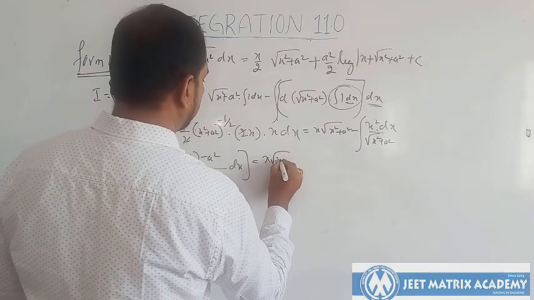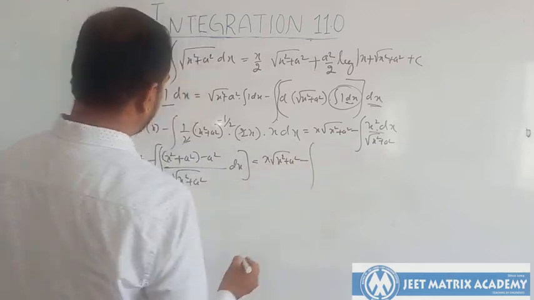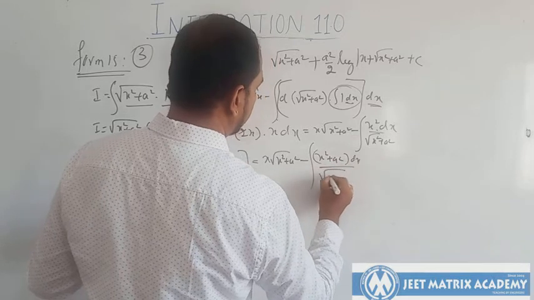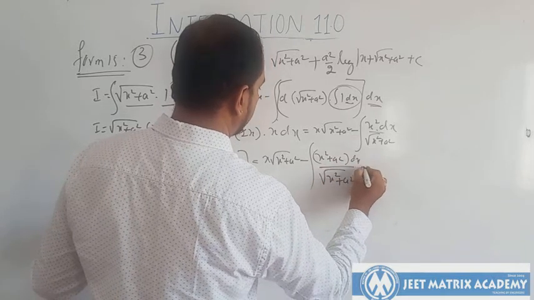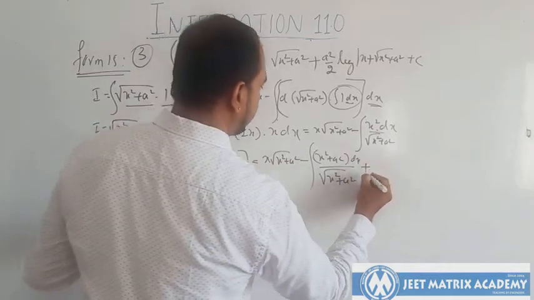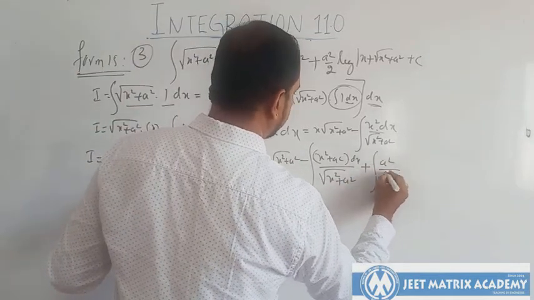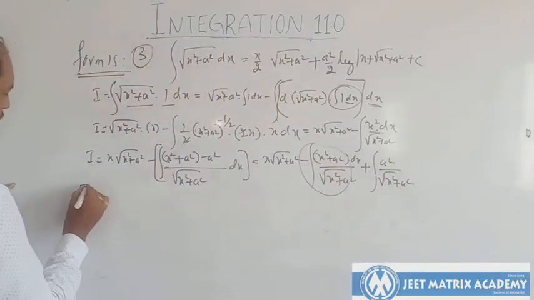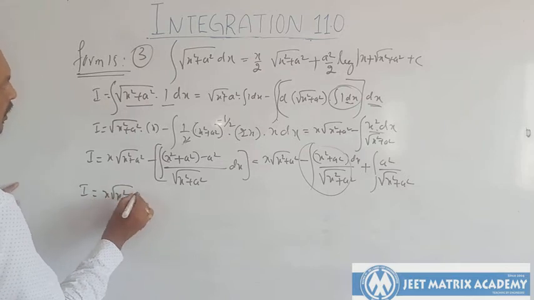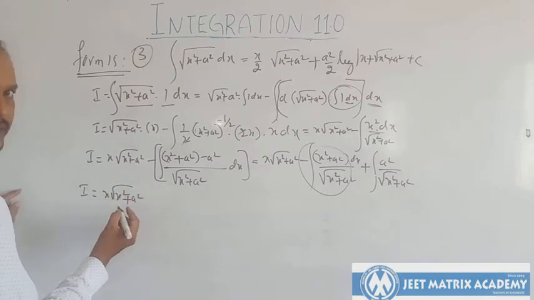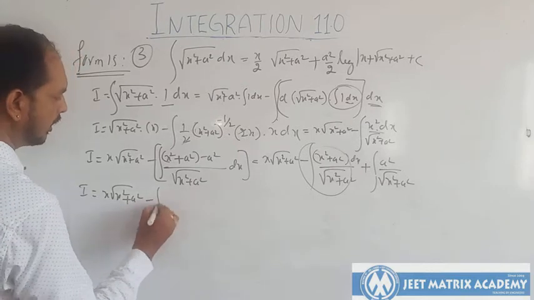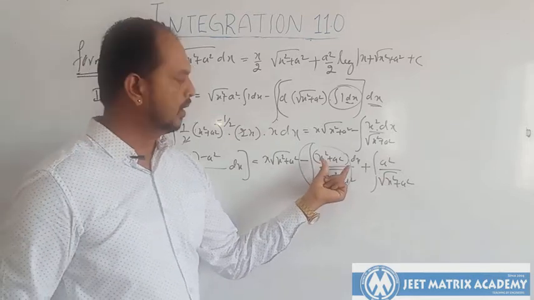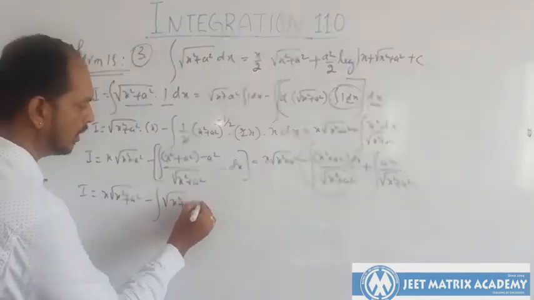Now I'll write this divided by this, plus minus this divided by this. So x root of x square plus a square minus the integration of x square plus a square dx divided by root of x square plus a square, minus becomes plus, the integration of a square divided by root of x square plus a square. So I could simplify and write x root of x square plus a square minus the integration of root of x square plus a square. Hope you understand how this becomes this simple.